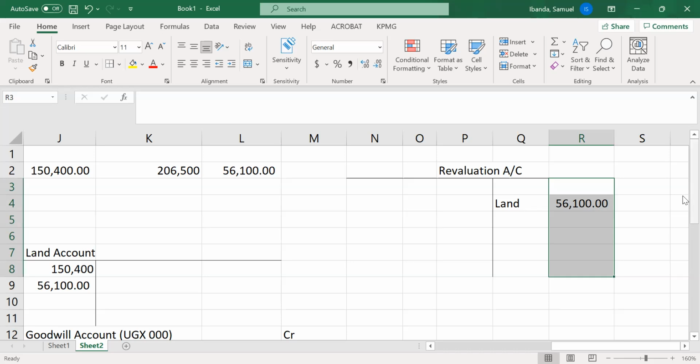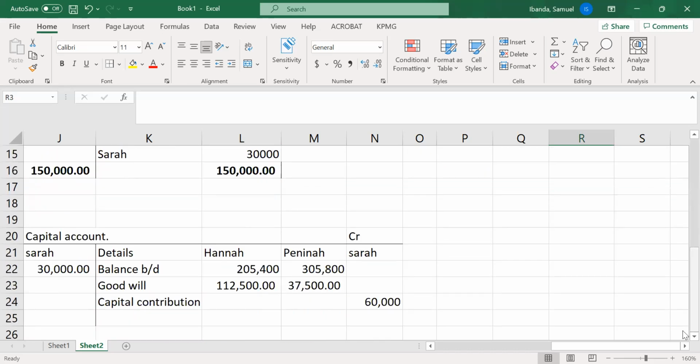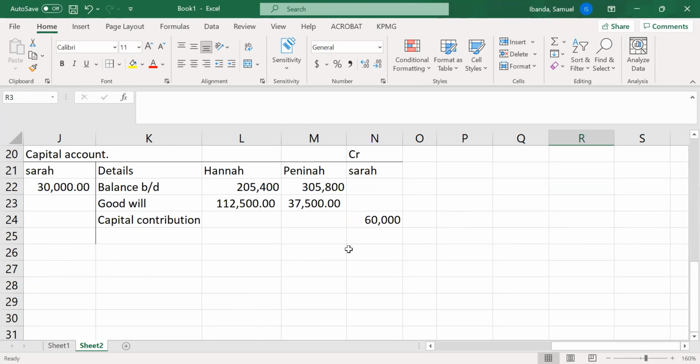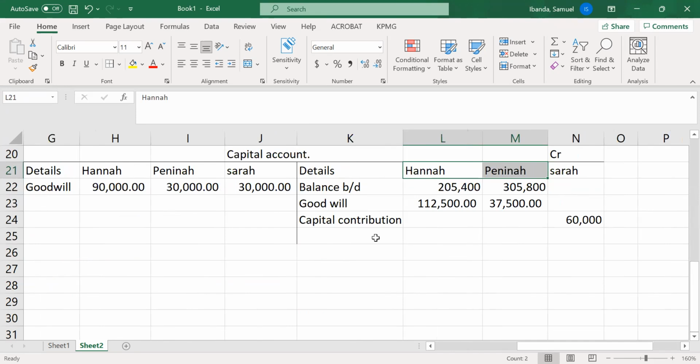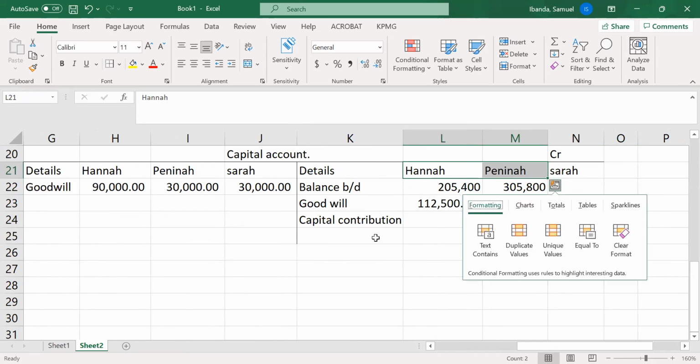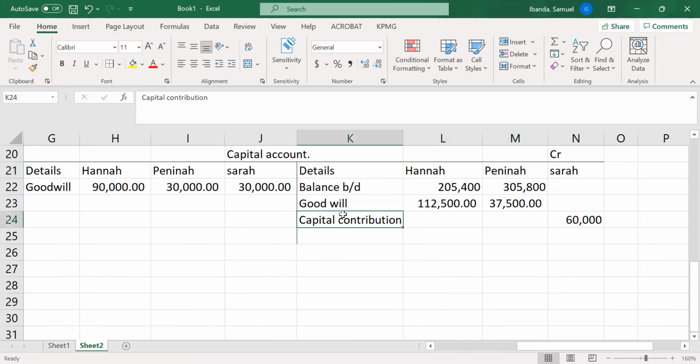Now that figure is supposed to be shared among the two partners, Penina and Sarah, because Penina and Sarah are the ones that worked for those assets, in simple man's language. They worked for those assets basically before Sarah came through.